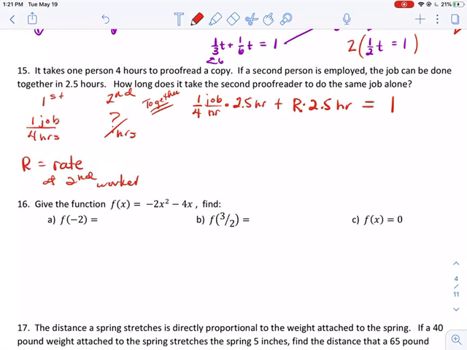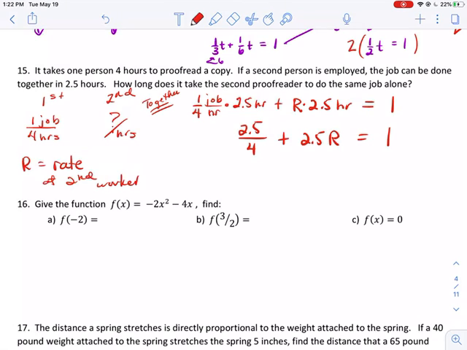So what is 2.5 divided by 4? Take a second to get that. So 2.5 over 4 plus 2.5R, and that's what we want to solve for, is equal to 1.